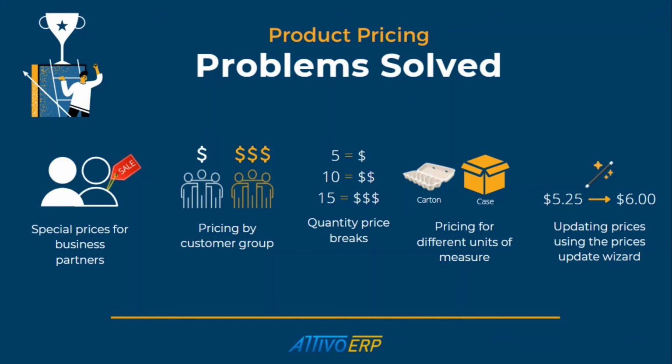You can also have pricing for your different units of measure, so you're not having to manually do the math and then entering the prices into the system. And it also has the Prices Update Wizard, where SAP Business One does all of the calculations for you in order to update those prices in a simple and streamlined way.